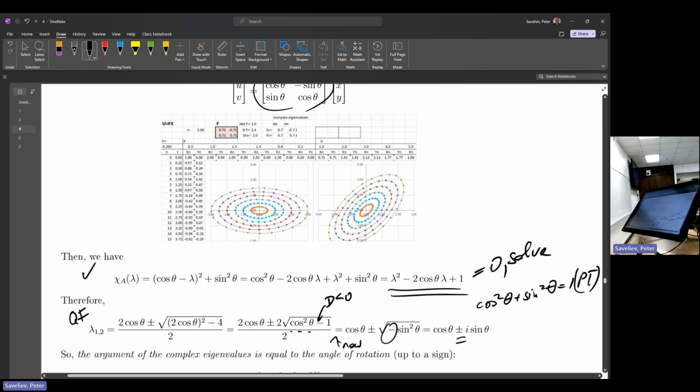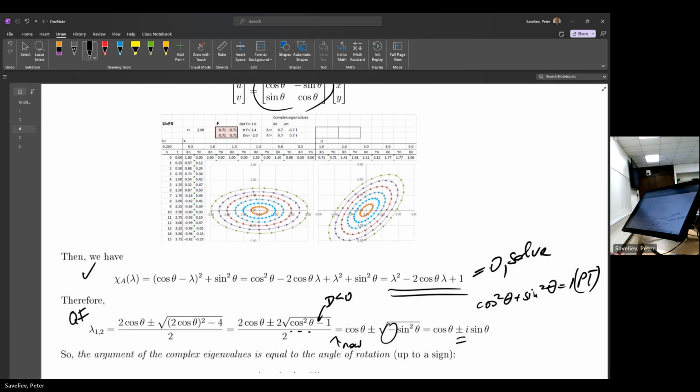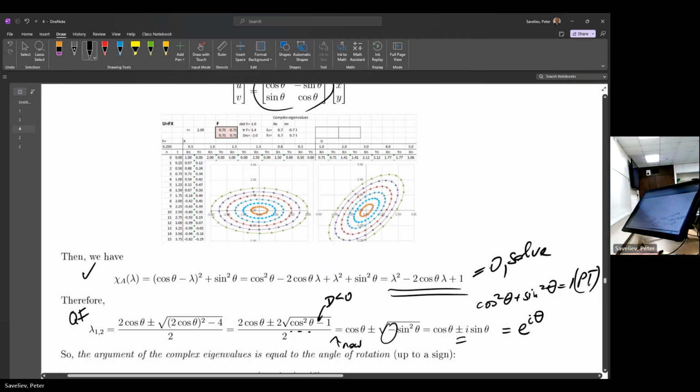So the end result is cosine theta plus i sine theta. The coincidence is that's e to the plus or minus i theta. No, it's not a coincidence, which we did just last time, right? Exactly. So this is worth writing, e to the i theta.